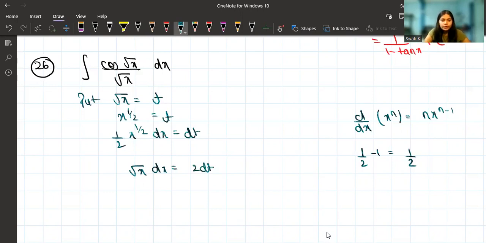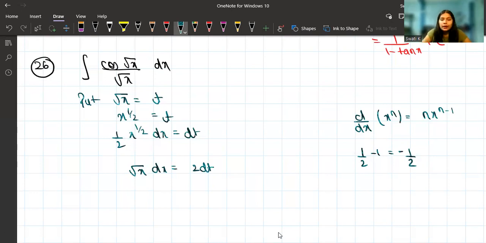Or you can write down this as dx as, one second, 1 upon n minus 1. Yeah, that is correct. 1 upon 2 minus 1, it is going to be minus. Okay, that was the mistake. It is minus. That is why I was thinking that why I'm not getting the derivative on the top.